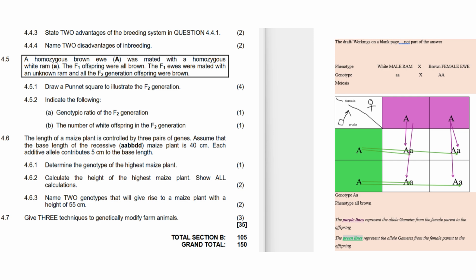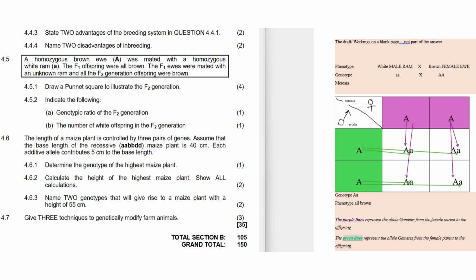So if we cross homozygous dominant with homozygous recessive, capital A with small a, as a result we get the heterozygous condition.